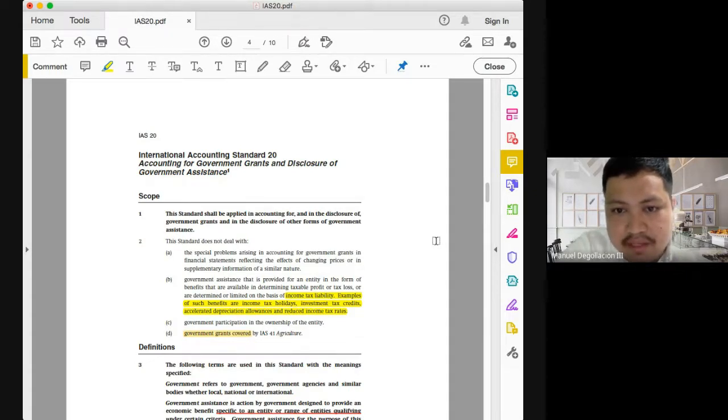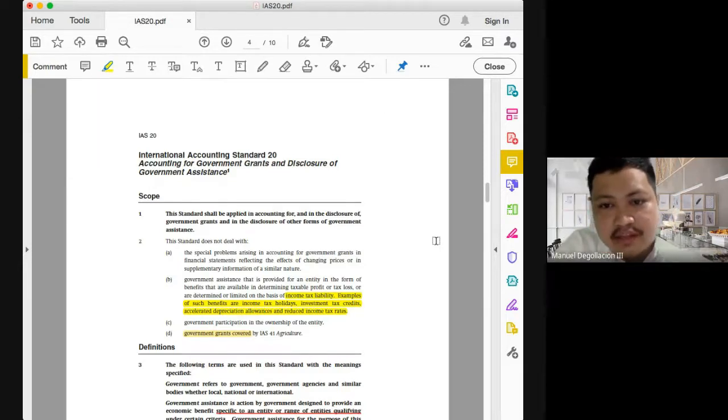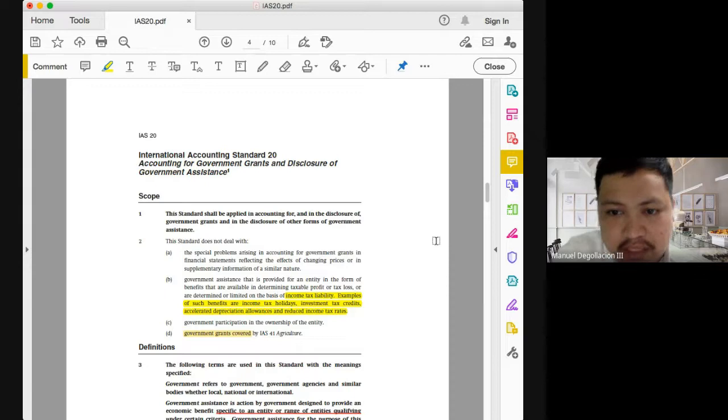Okay, paragraph B tells us that government assistance that is provided for an entity in the form of benefits that are available in determining taxable profit or tax loss, or are determined or limited on the basis of income tax liability, will not be covered by PAS 20. And the reason here, class, is mostly that these items would be available for everyone, class. This is not specific or unique to the reporting entity. And for such reason, it should not be considered as government assistance as far as PAS 20 is concerned.